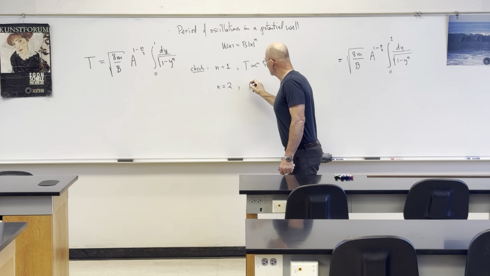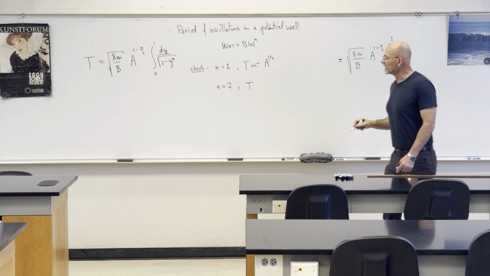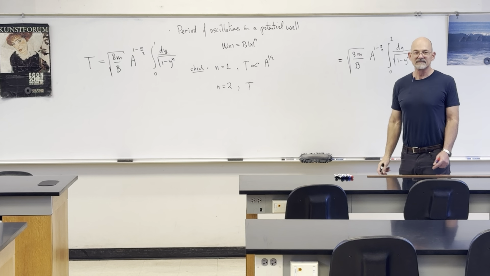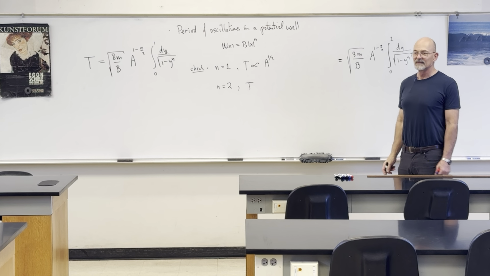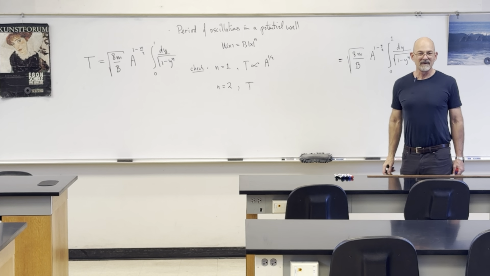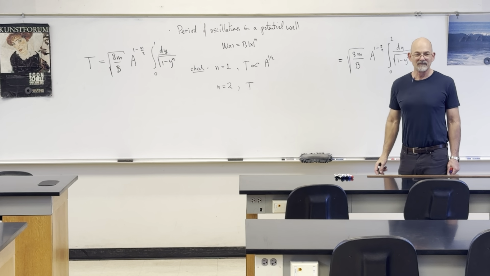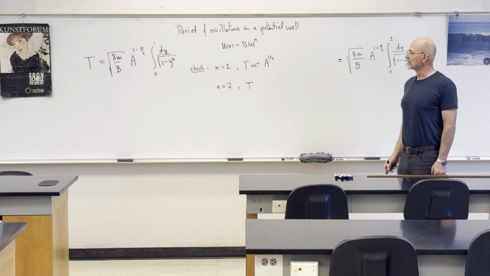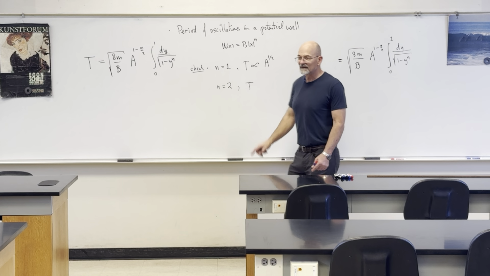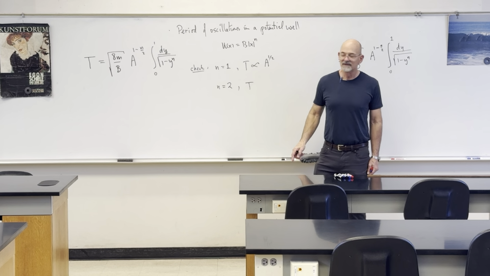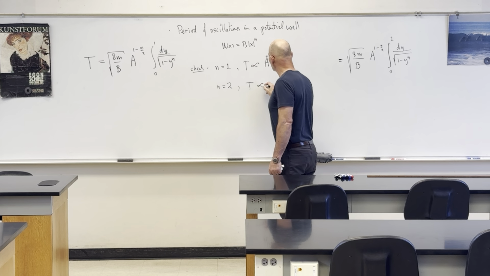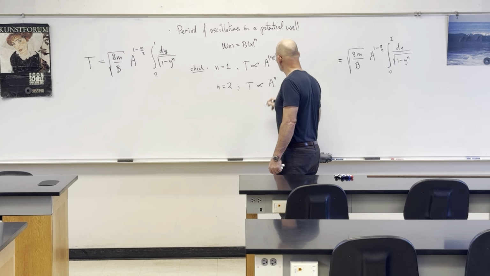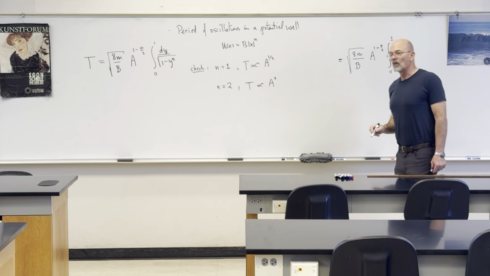You do n equals 2, what do you get? This is the interesting one. n equals 2. What happens to the amplitude there? Zero. Yeah, amplitude to the 0. So T is proportional to amplitude to the 0th power, which is just 1.